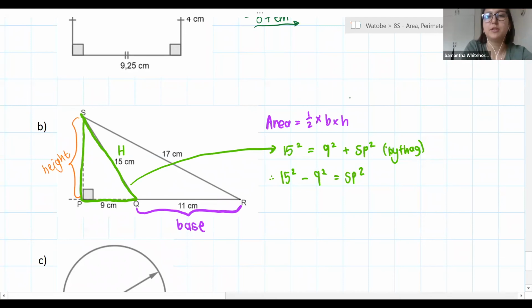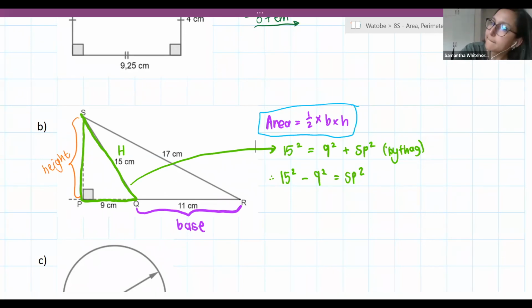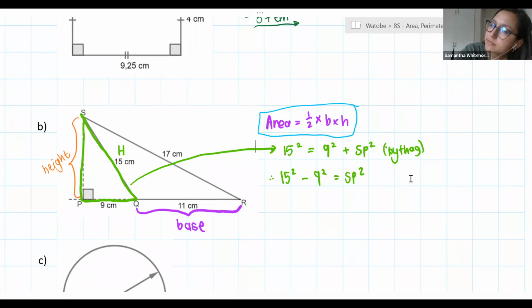And remember, I have put the area formula here for us. Y'all are doing really great. Let's go, my pebs. We're nearly there.